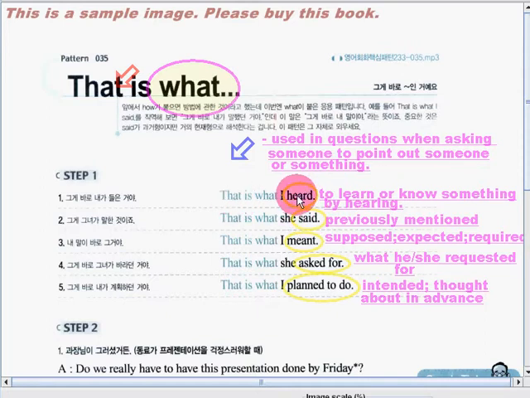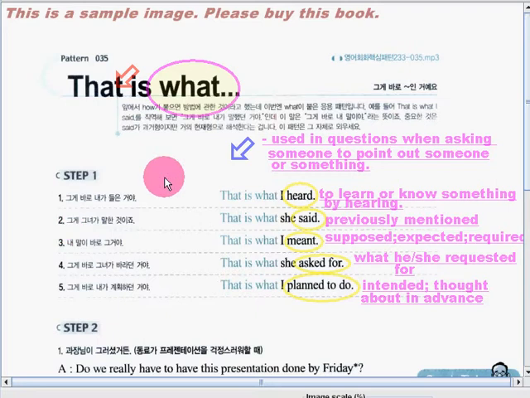When you say heard, it means to learn or to know something by hearing. So you learned something because you heard about it. Maybe you are telling what you heard to someone, and of course that someone will ask you, how did you know it? And you can say, that is what I heard.